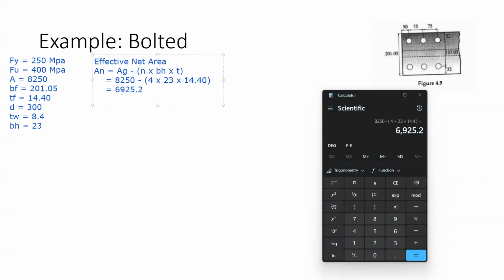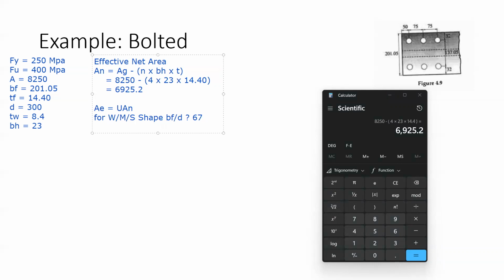And then to get AE, this is U times AN. Ang tatandaan lang natin, if it's an I-beam, or W, M, S shape, we first check BF over D if it is greater than or equal to, or less than 0.67.